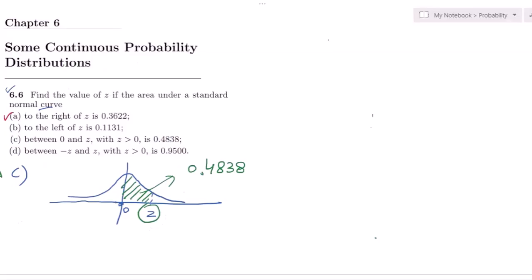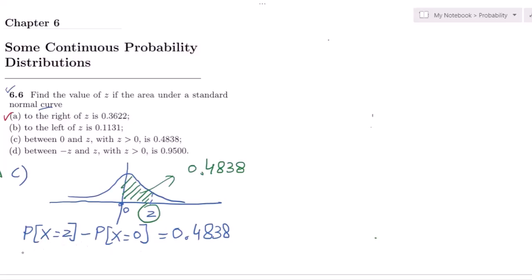We want to find out this value of z, and we have previously seen that in order to find it, we subtracted the value at x equal to 0 from the value at x equal to z, and then we got 0.4838. We have solved it in our previous videos.